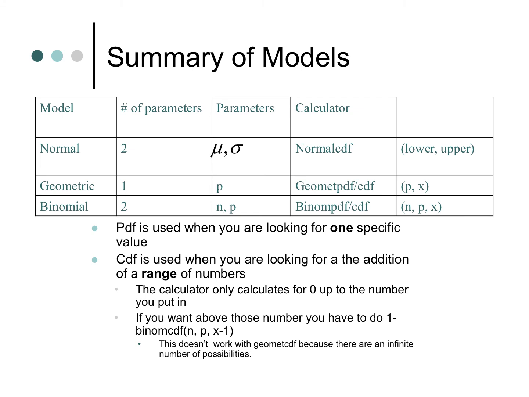The calculator does not do greater than in these two functions. Geometcdf and Binomcdf only do less than the x value you give it. So if I want greater than 2, I have to plug in less than 1. Okay? So that's where we have this right here.